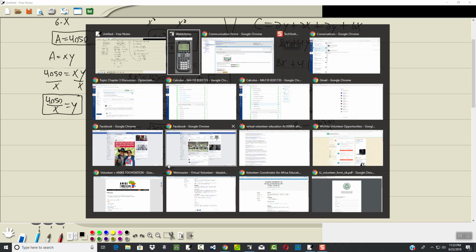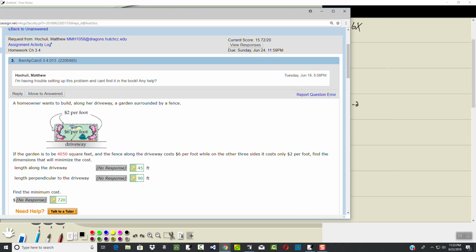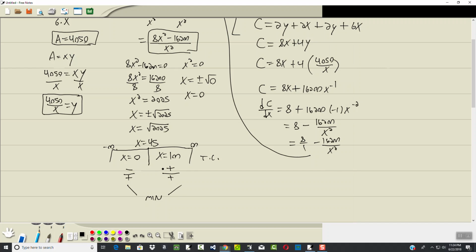Now let's go back to read the problem and see what in the world they're asking for. They want the length and the length perpendicular to the driveway. So the width, I guess. Perpendicular to the driveway. Yeah, the width. Okay, so length is 45. We already found that. Now to find the y, you're going to take that value of 45 and plug it back in here.